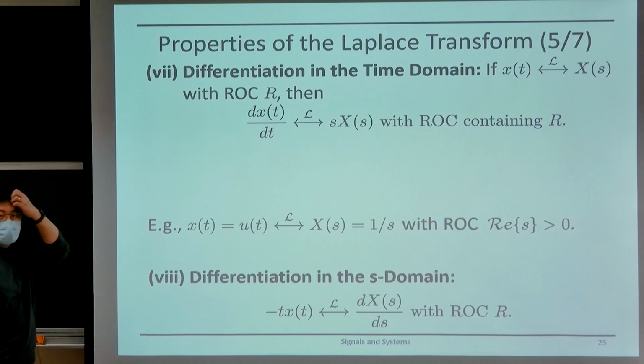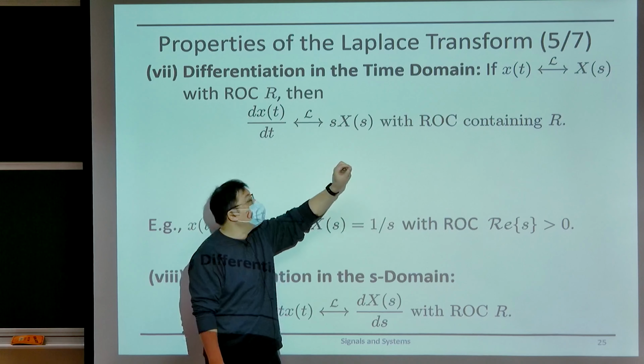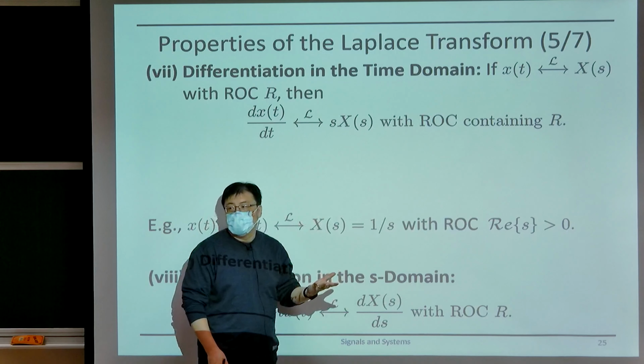One obvious case is due to the multiplication by s. If X of s has a pole at 0, then when you multiply by s, this pole goes away.